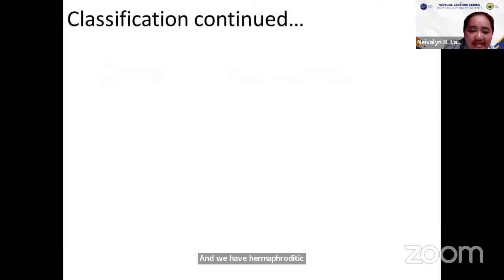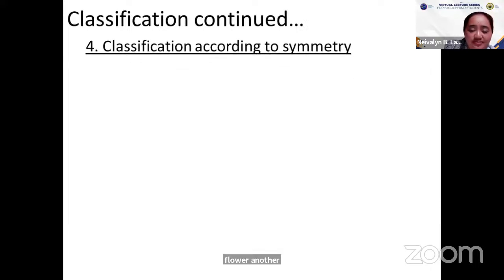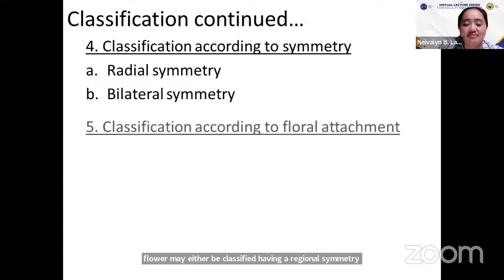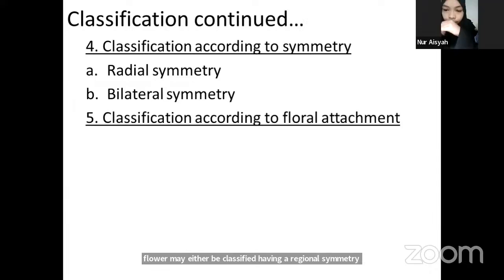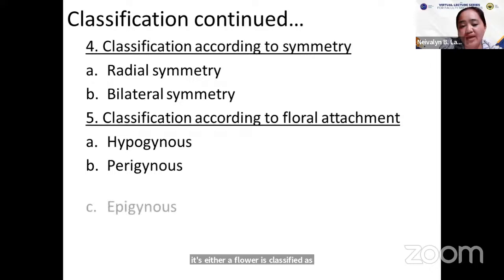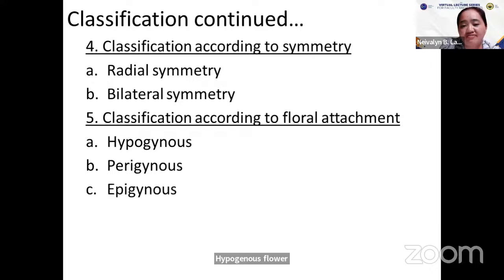Another classification is according to symmetry: a flower may have radial symmetry or bilateral symmetry. And according to floral attachment, a flower is hypogynous, perigynous, or epigynous.